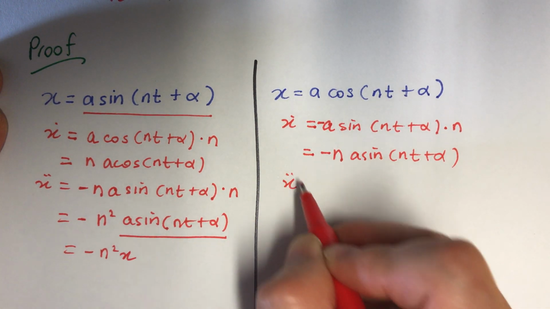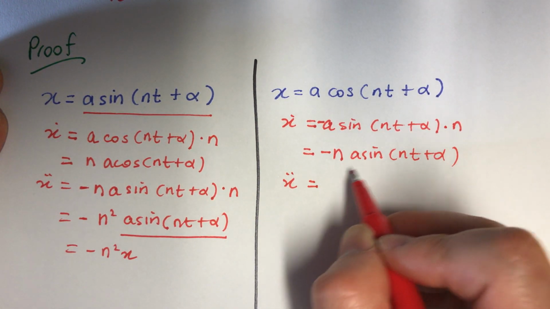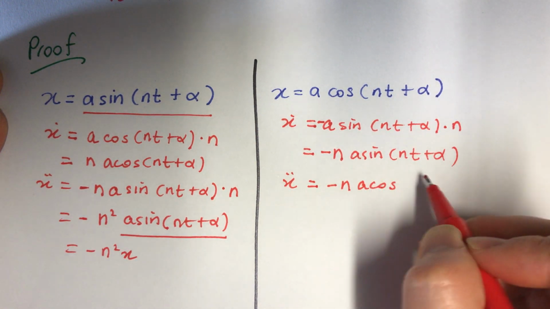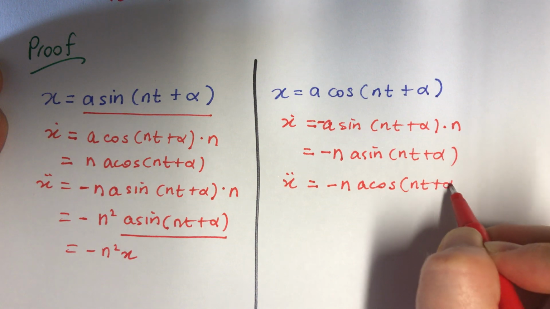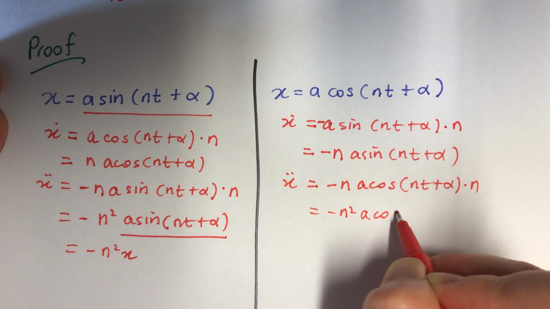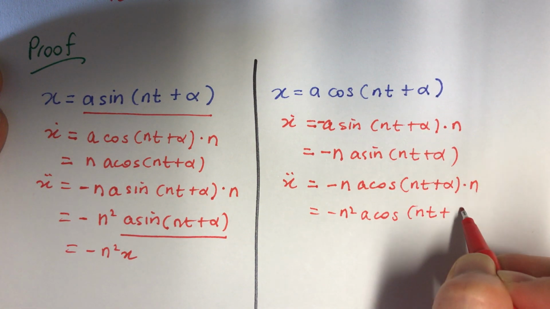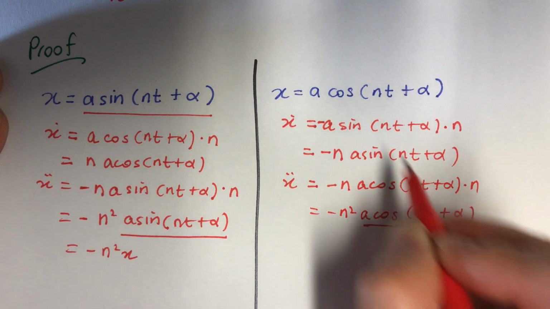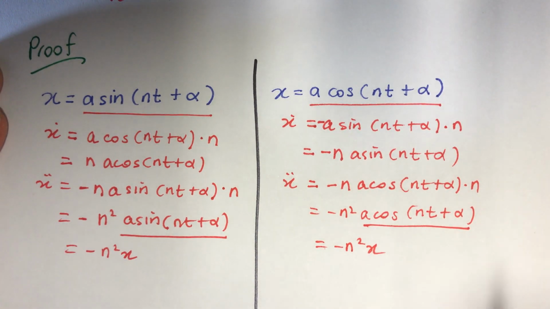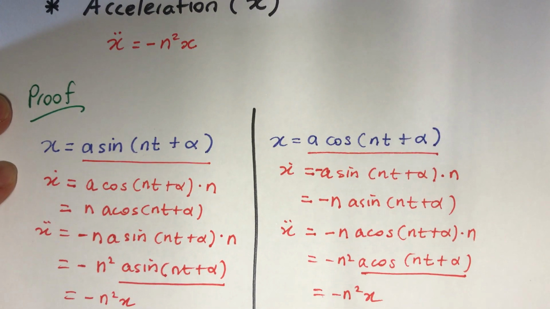And I'm going to do one more time, so minus n a cos, because it doesn't change, (nt plus alpha) times n, which is minus n squared a cos(nt plus alpha). That is the same as x. So therefore, I'll get exactly the same proof.